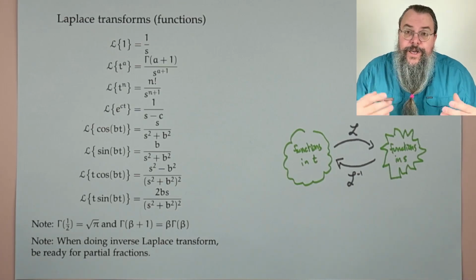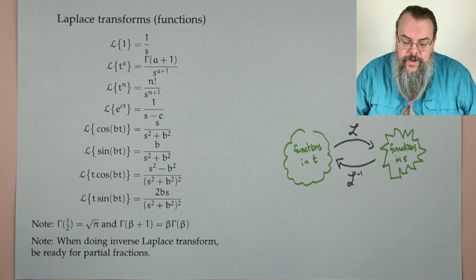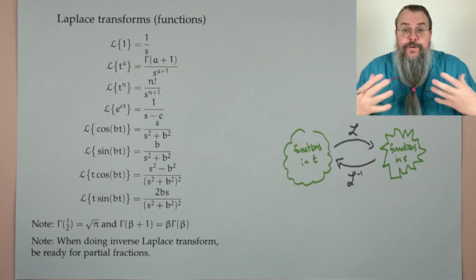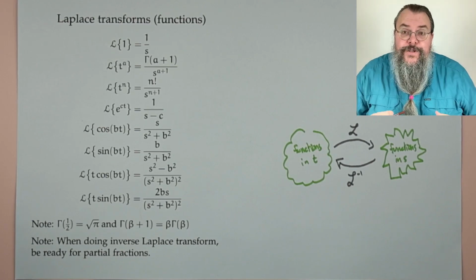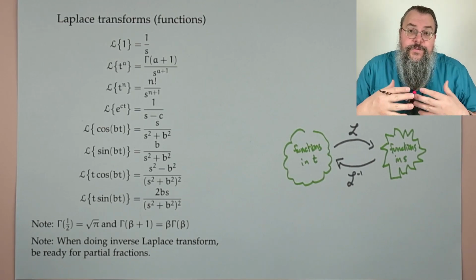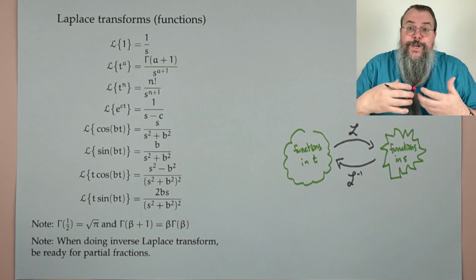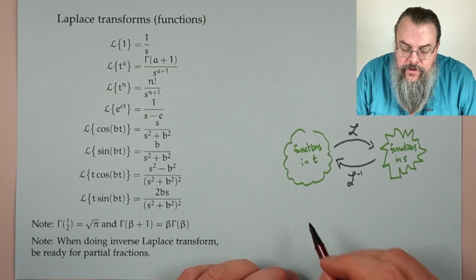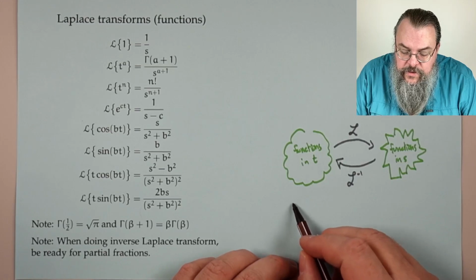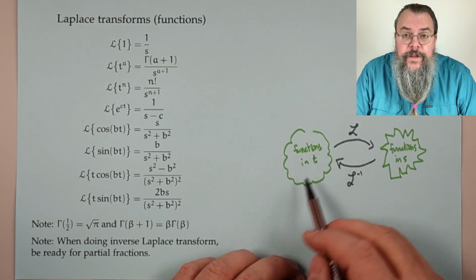Well, here's the idea. Oftentimes when we are solving problems, we're solving problems about functions. When we think about differential equations, the goal is to find a particular function which satisfies a property. So we can say there's a problem over here.